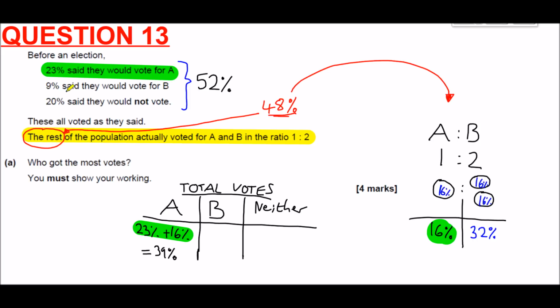Now for B, initially 9% of people said they'd vote for B. And also, of the 48% of other people, we calculated that 32% voted for B as well.